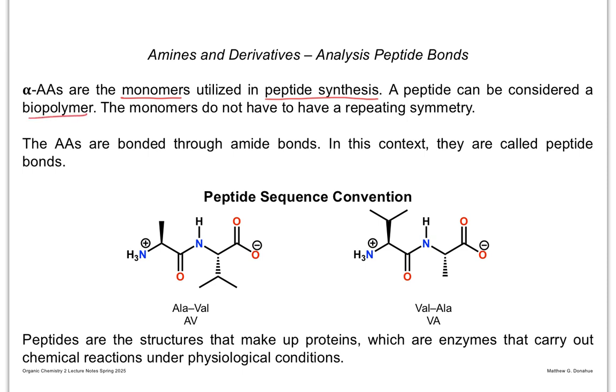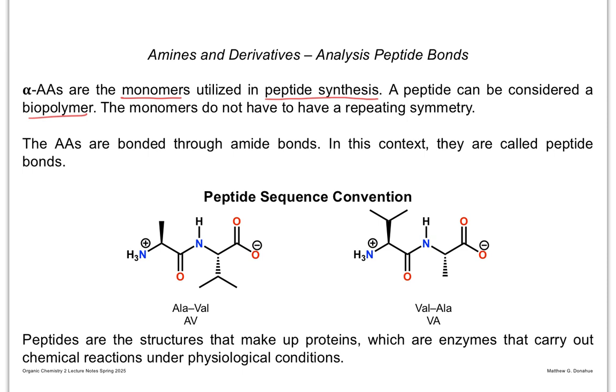Basically, a polymer is just a sequence of monomers bonded together. What's interesting about these biopolymers is that the monomers themselves do not have to have a repeating symmetry.